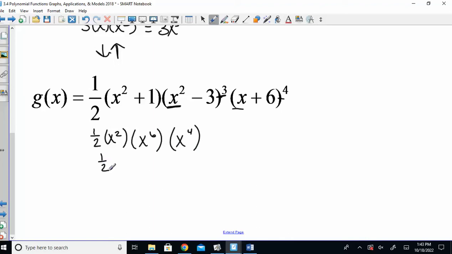So if I multiply that, x squared times x to the 6th times x to the 4th, we get x to the 12th. So even power tells me it's like a quadratic. I have a positive 1/2, so it doesn't flip. So my end behavior is up.